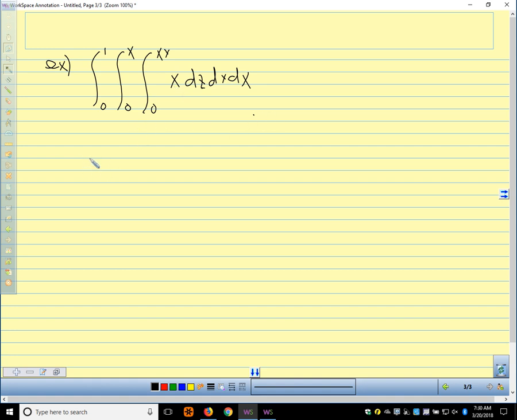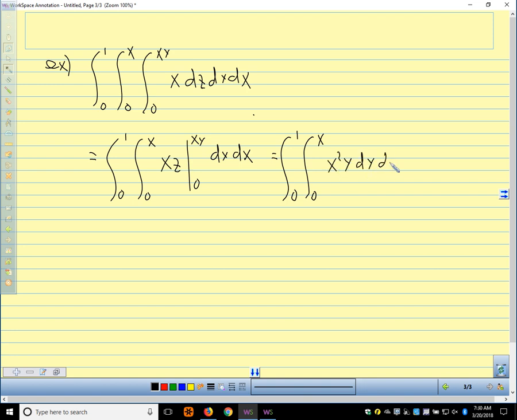So let's evaluate this. Our first integral, we're holding x and y constant, and we're evaluating with respect to z. So we get xz, and z goes from 0 to xy, dy dx. So that, when we evaluate that on our limits, we get x squared y dy dx.